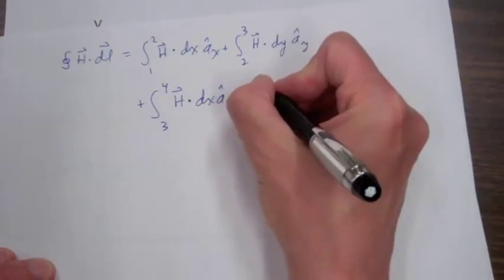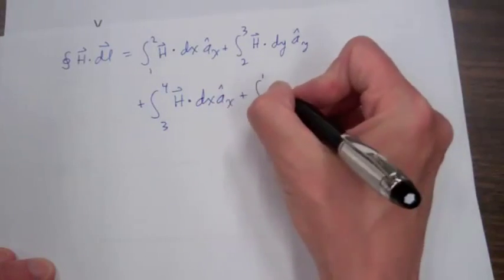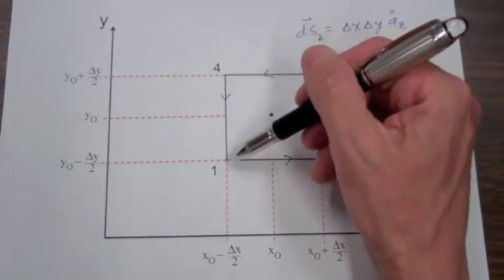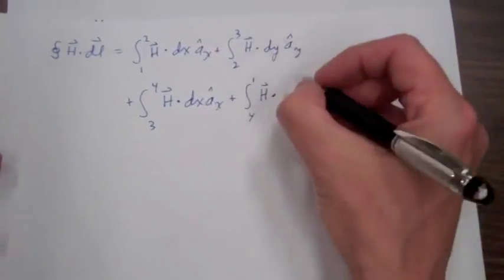And to complete our path, we'll go from 4 to 1, H dot dl, and dl from 4 to 1 is dy a sub y.